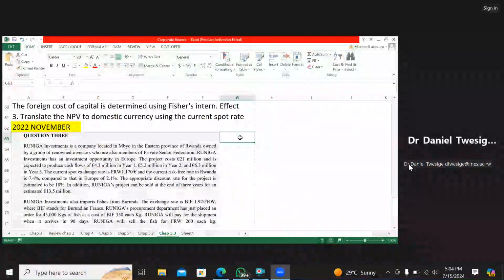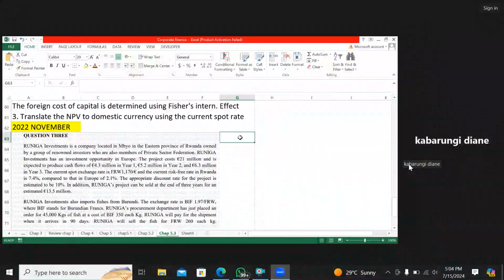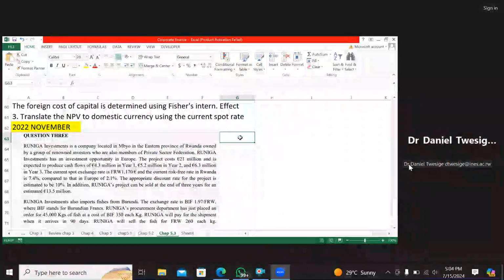Three, we talked about the political risks associated with these investments. Then we looked at how we translate using purchasing power parity, using interest rate parity, and the last one was Fisher's international effect. How do we apply Fisher's international effect?